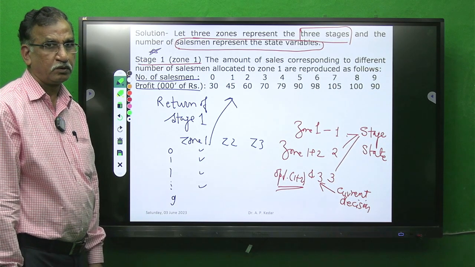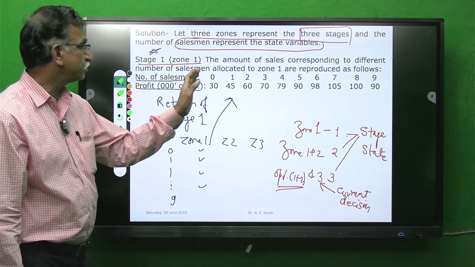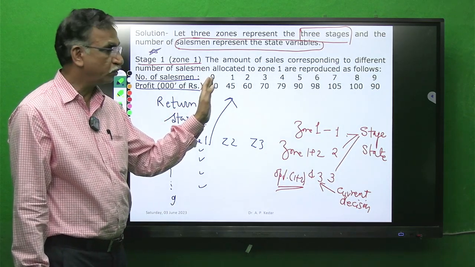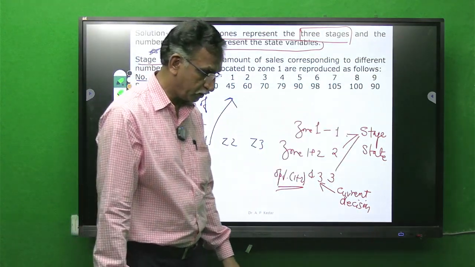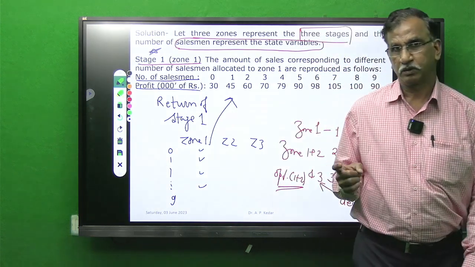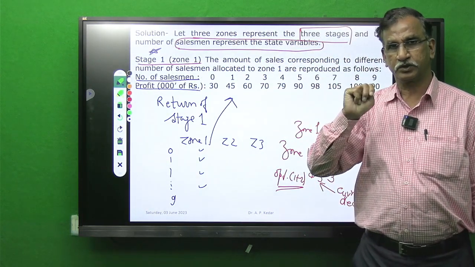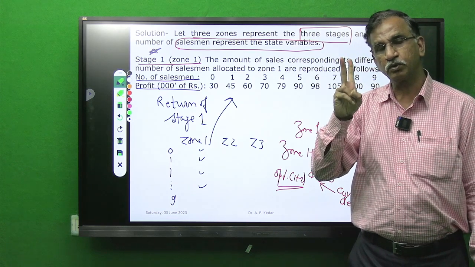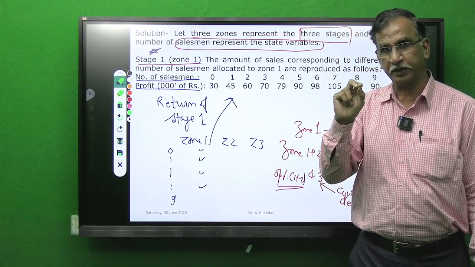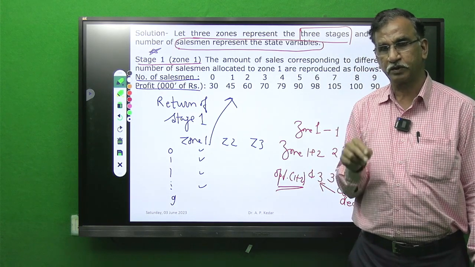Now I can use any number from 0 to 9 as a combination. This is only applicable if I am considering a single stage, that is only covering zone 1. I am repeating, only covering zone 1.